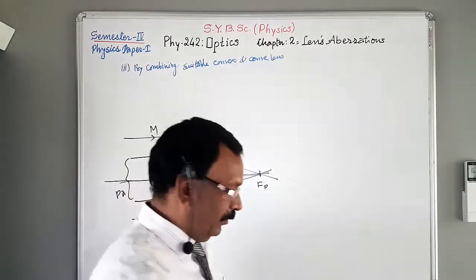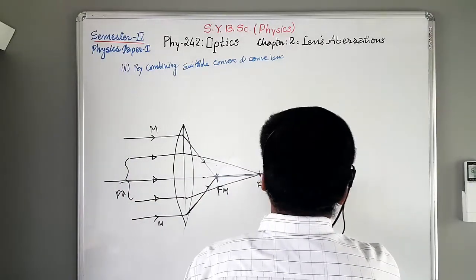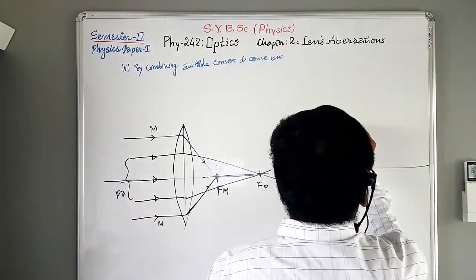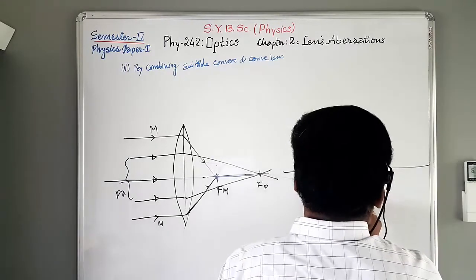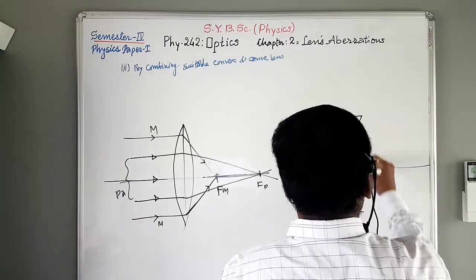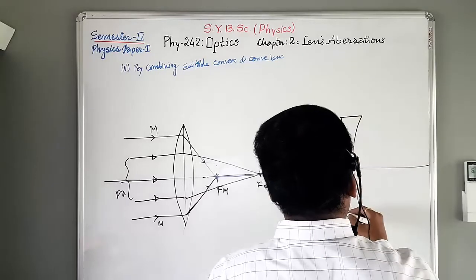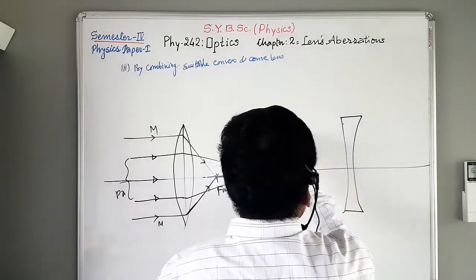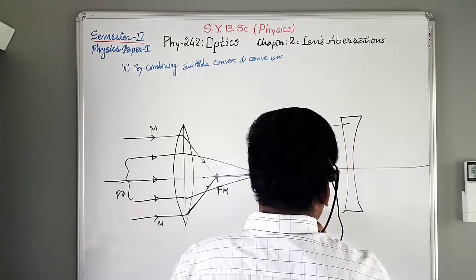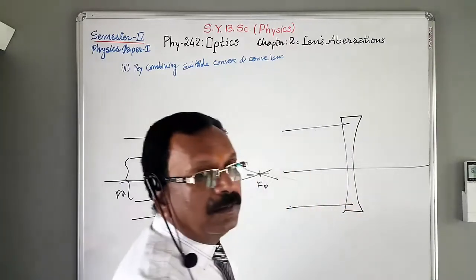See here how it is negative. For that purpose, consider a concave lens. Suppose this is a concave lens, and these are the marginal rays.